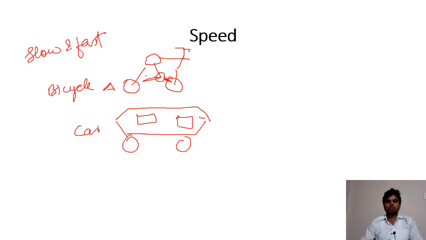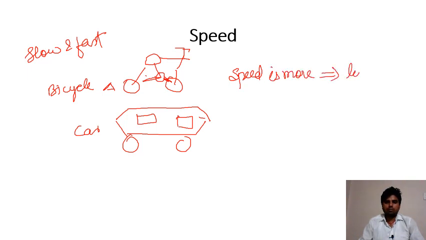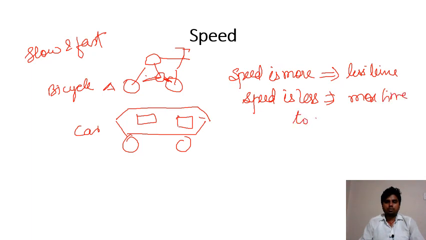We studied in the previous class that this car is slow because it takes more time. So if the speed is more, then it will take less time, and if speed is less, then it will take more time to reach a particular distance.